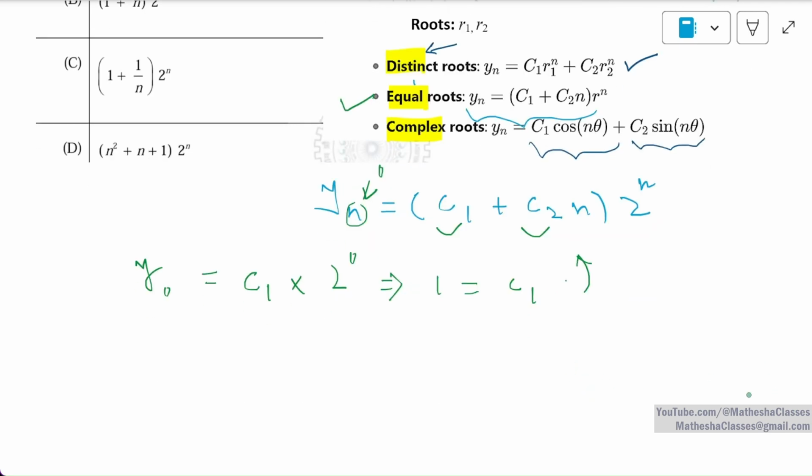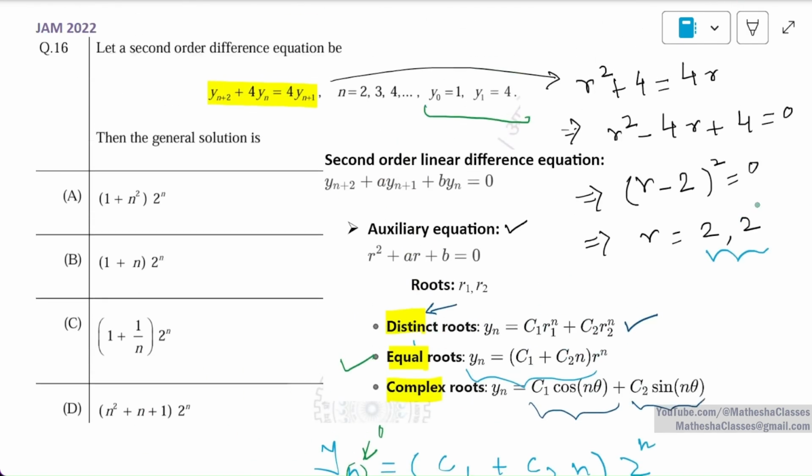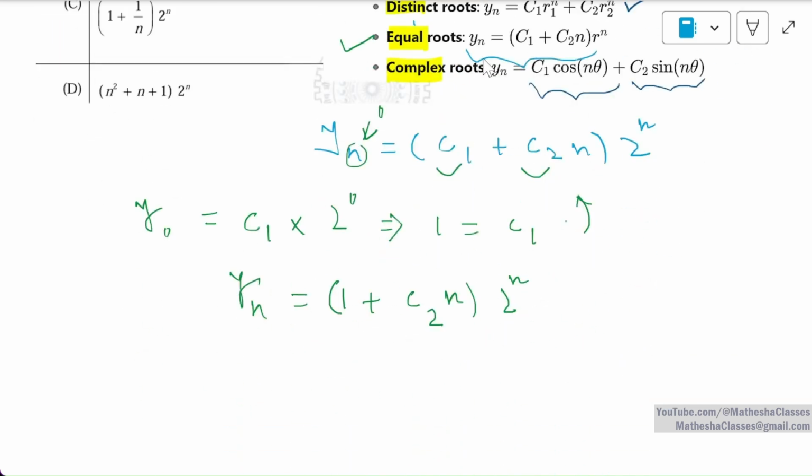So let us now put it here. If we put it here, we'll get y_n = (1 + c_2 n) times 2^n. And now to use the second initial condition y_1 = 4, we need to put n = 1. So if you put n = 1, here you will get y_1 = (1 + c_2) times 2.